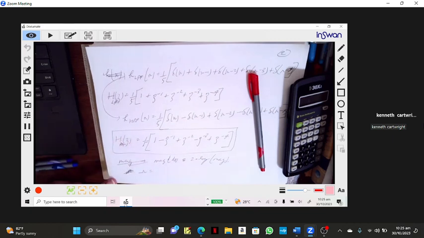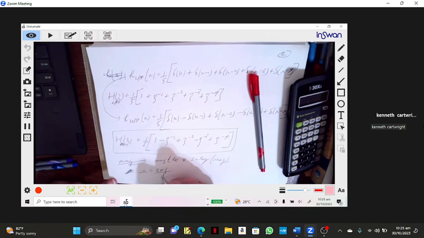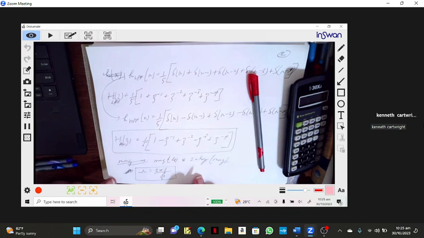Anybody want to try? Anybody else want to try? Omega equals 2 pi f over fs. I'm sure you all remember that now.